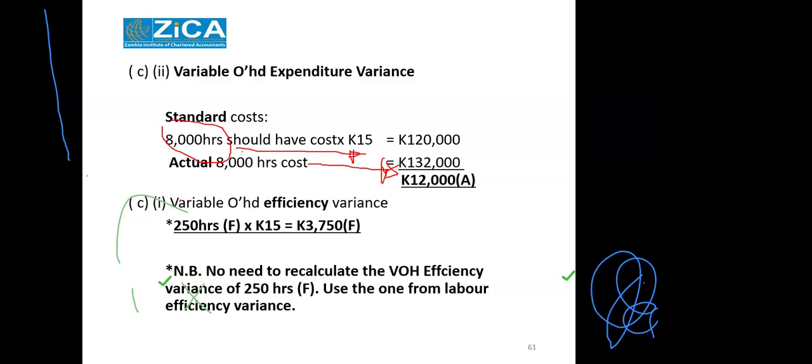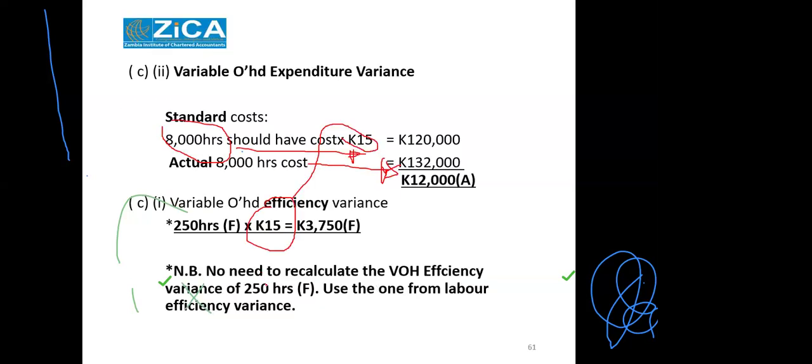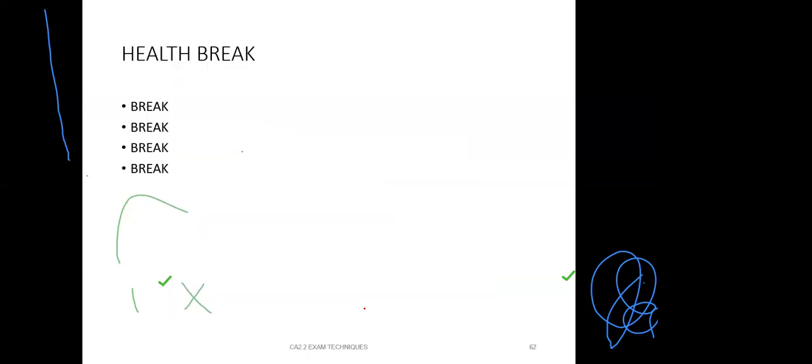For variable overhead efficiency, as I said, take the same 250 and multiply by 15, because the rate for variable overhead is 15, not 20. There is no need to recalculate the 250 hours; use the one from the labor efficiency variance. Okay, so we take a short break there.